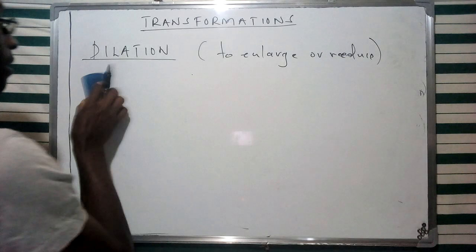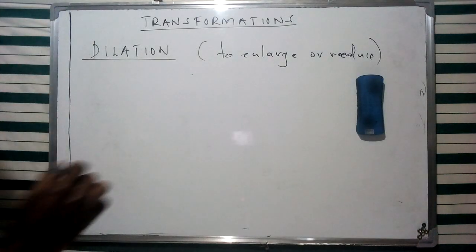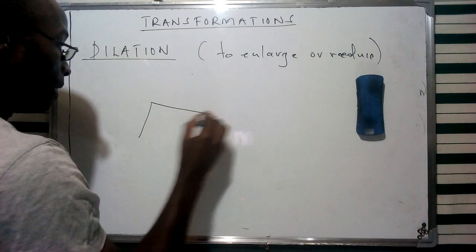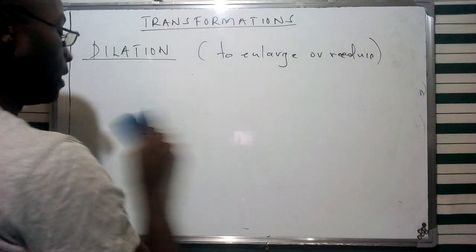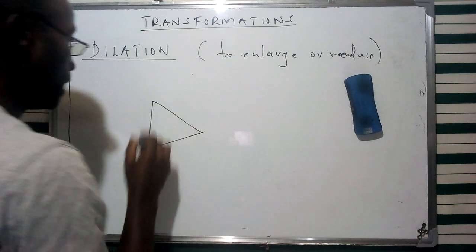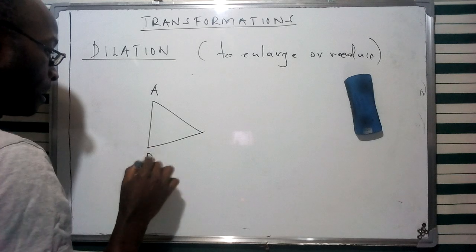Now suppose I have a triangle, and let me have an illustration of a triangle given as such, triangle ABC.